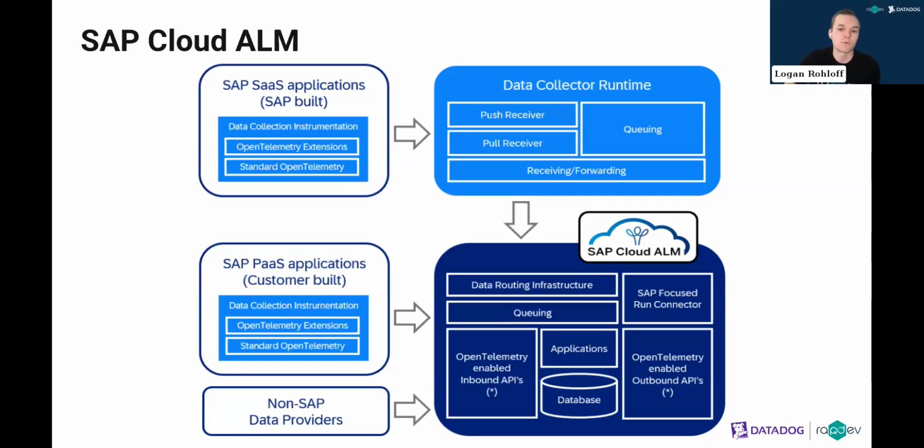The product supports a wide variety of metrics from various system types, tracing from user interactions within the system, including SAP UI5 and SAP Fiori front ends, and logging from various integrations that interconnect those SAP systems. In addition, you can also send your own custom metrics and even your own custom tracing from non-SAP systems if you so wish.